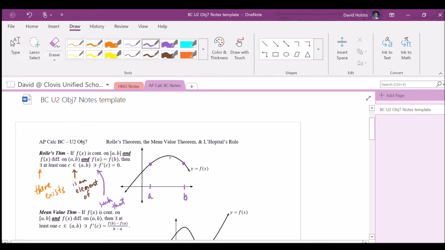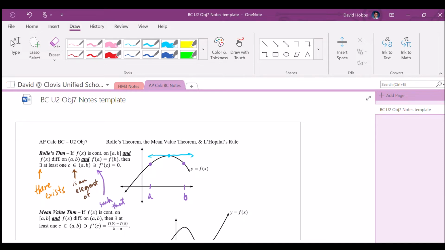And we can see that there is one there, somewhere about here, we have a horizontal tangent line.